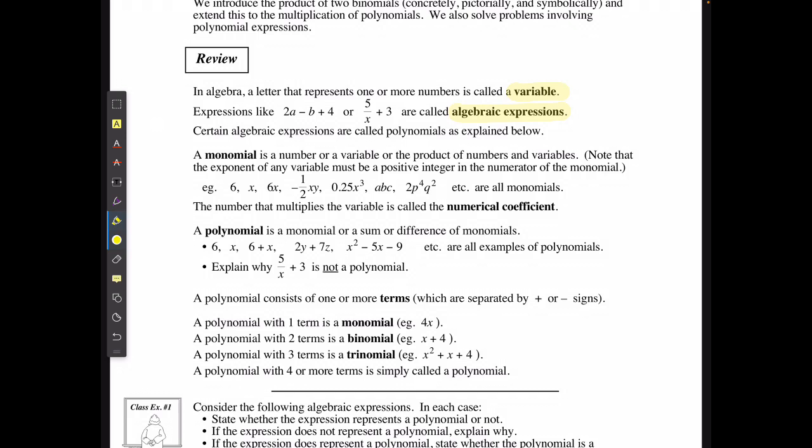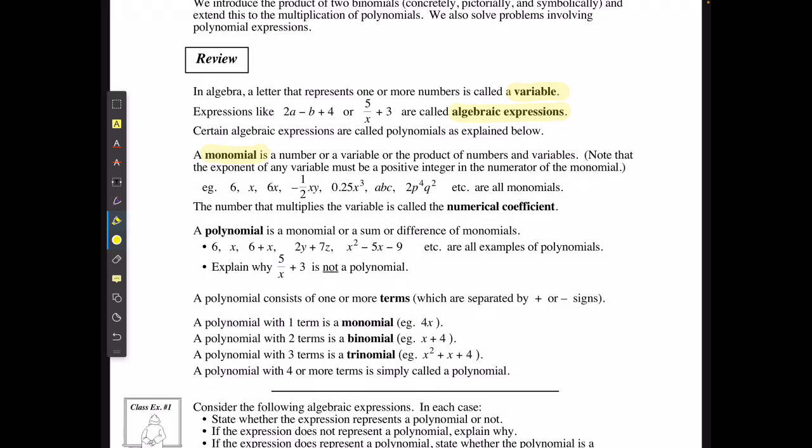In order for it to be a monomial, it's a number or variable or the product of numbers and variables. So monomials don't include adding a number or subtracting a number in them. You're basically just multiplying straight across or dividing straight across for one expression.